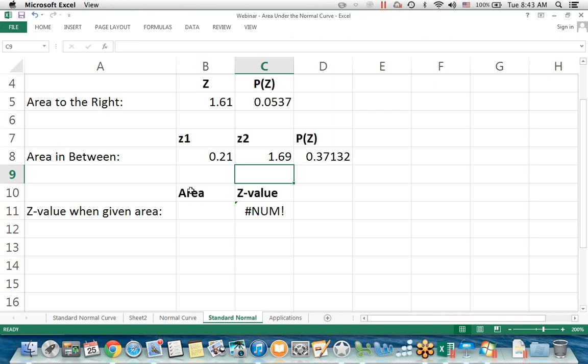So the area is equal to 0.84. Remember our formula, norm.s.inv. And then instead of directly typing in the number, I've typed in an empty cell so that I can keep on updating it.